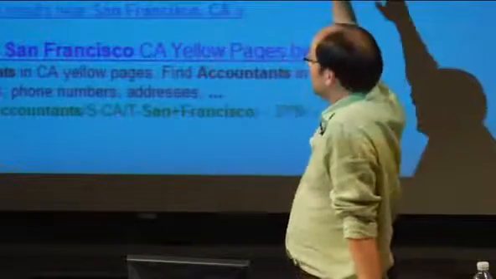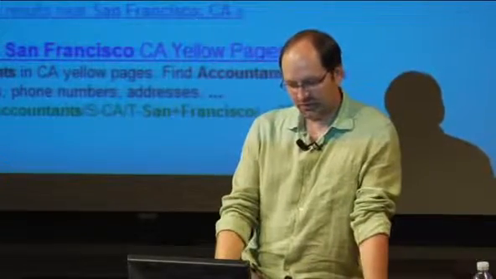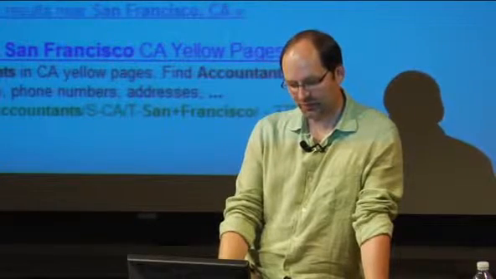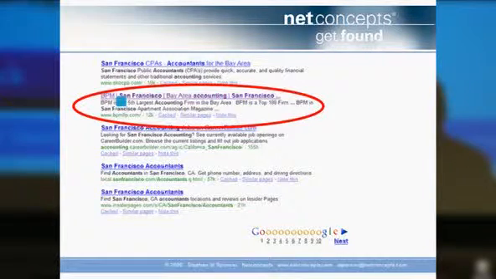You'll see also that this first result, Burr, Pilger, and Mayer LLP, not only are they in the first position, they're also on the Superpages page that's ranked number 1, and if you scroll down, they're in the first page of results. So they're in the natural results and in the local results.